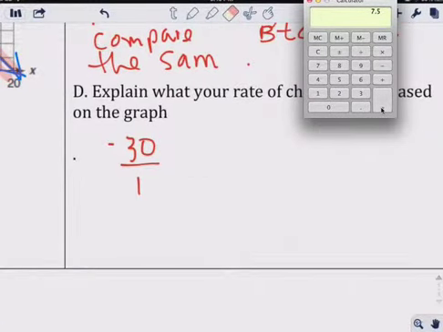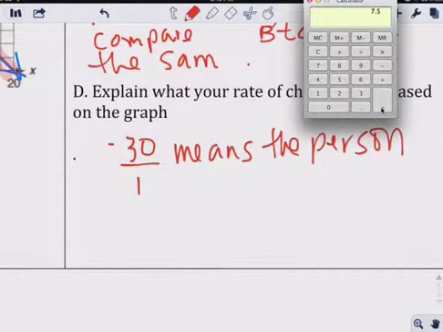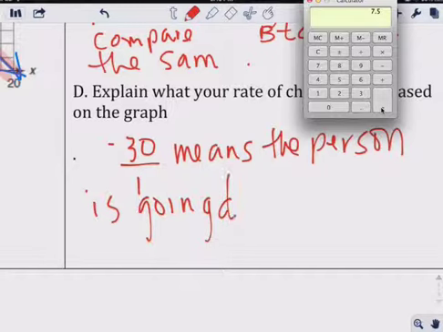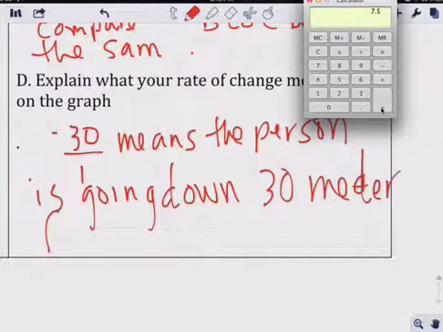Negative 30 means it's going down 30 meters for every second.